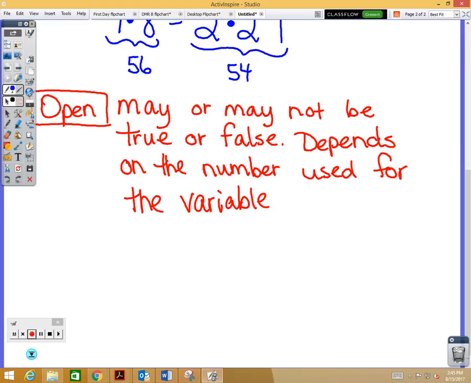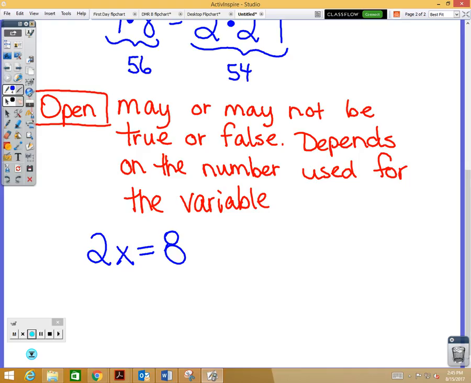For instance, 2x equals 8 is open. Because depending on what number we put in for x, it may or may not equal 8.